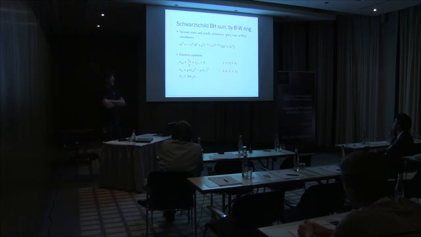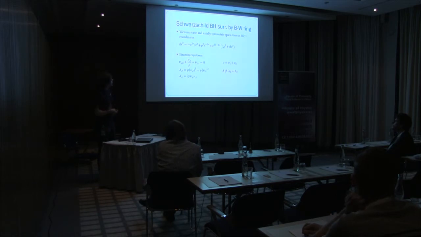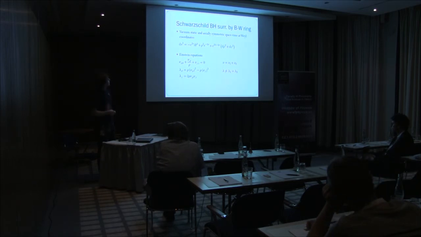A Bach-Weyl ring is a statically spread mass in a circle, which is chargeless, and it indicates the space-time with this type of ring is static and axially symmetric. We can write any static and axially symmetric space-time into this simple form, which is called Weyl coordinates, and the Einstein equation is presented here.